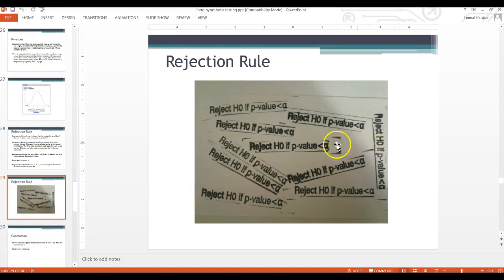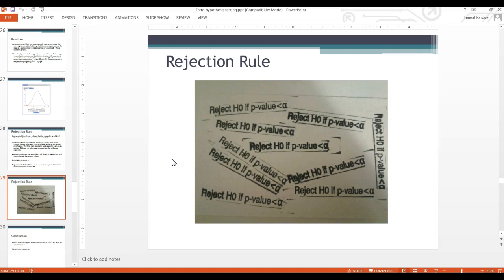In fact, sometimes I feel like I spend my life saying that. So I actually am such a dork. I got a stamp made that says reject H naught if p-value is less than alpha. So I'm actually going to insist that you show me you know this. So in every problem, I'm going to have you tell me what the rejection rule is.